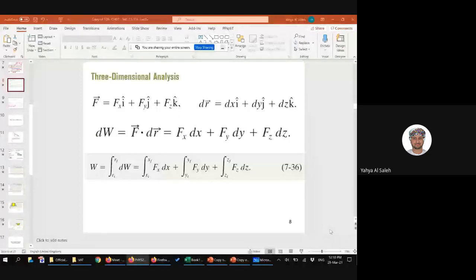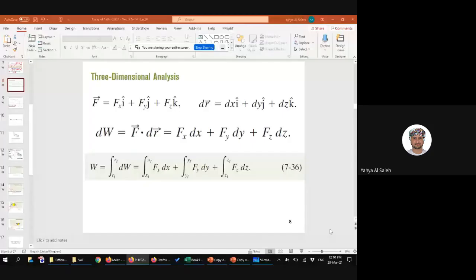And finally, we said that if it's three-dimensional, then we do it once for each direction: Fx dx, Fy dy, and Fz dz.